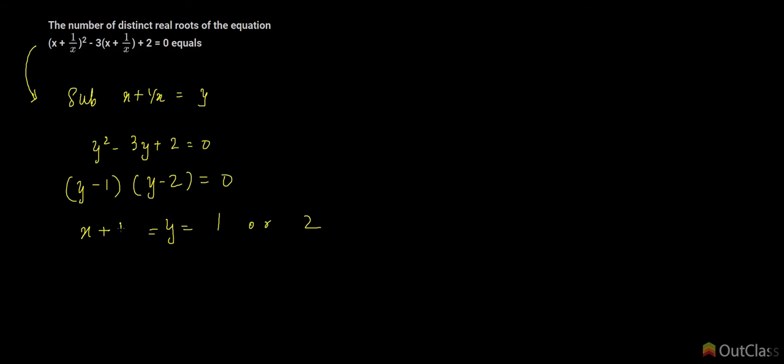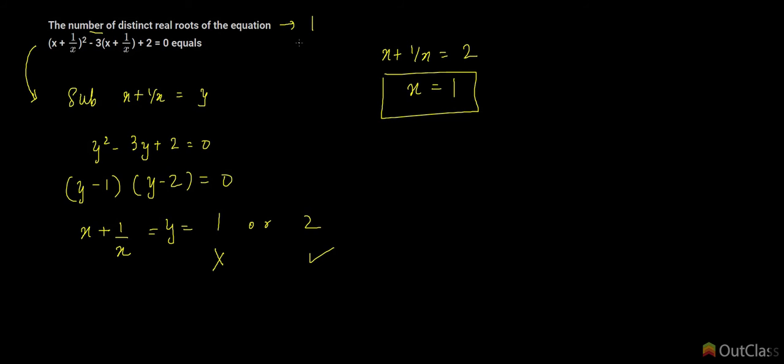Y is x + 1/x. X + 1/x is an expression whose magnitude should be greater than or equal to 2. It's either greater than or equal to 2 or it's less than or equal to −2. So 1 is not possible. 2 is possible. x + 1/x = 2 will solve to give you x is equal to 1. This is the only value that's possible. So the number is 1.